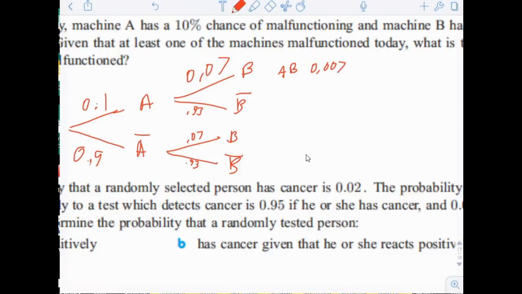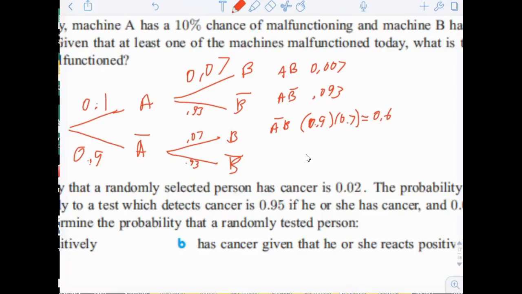And then the probability of A not breaking and B breaking would be 0.9 times 0.07, so it would be 0.063.